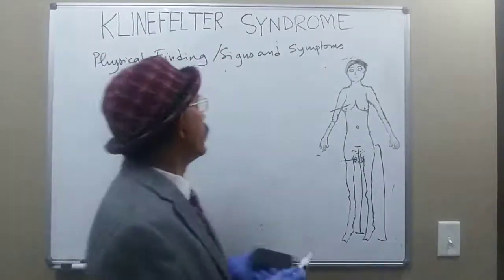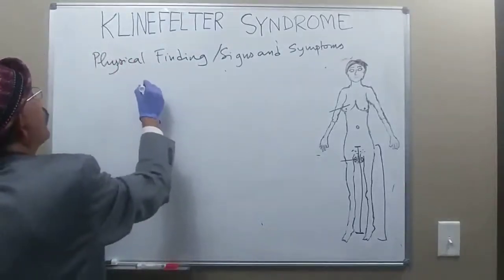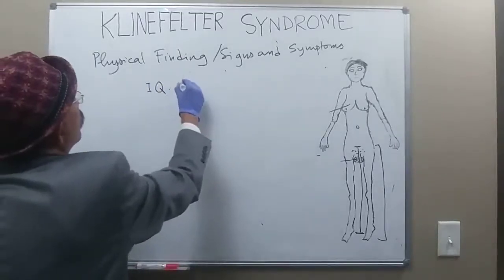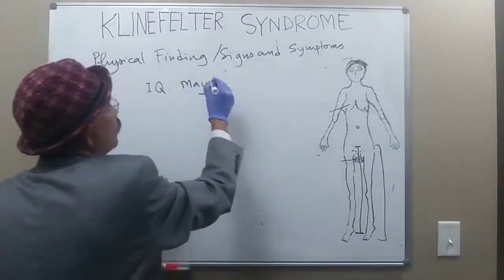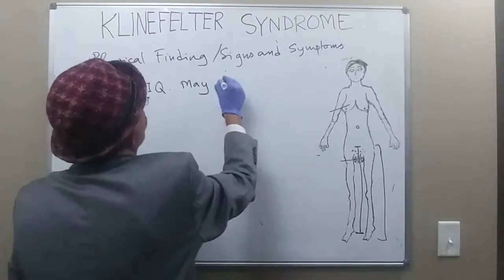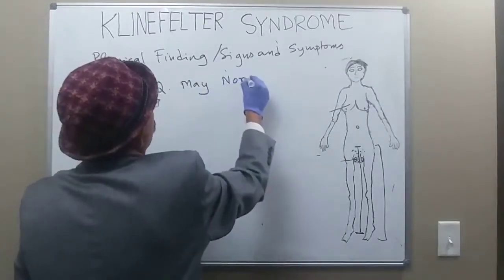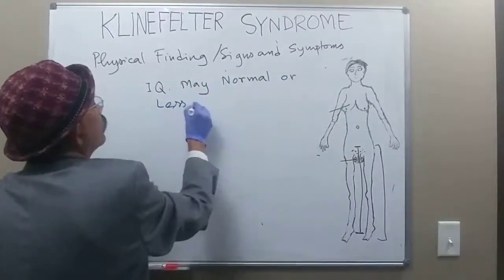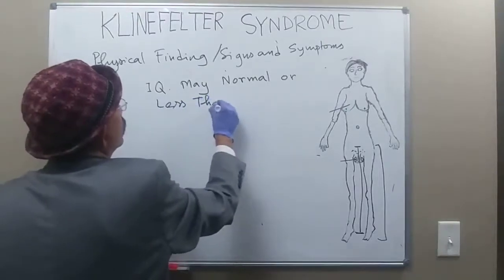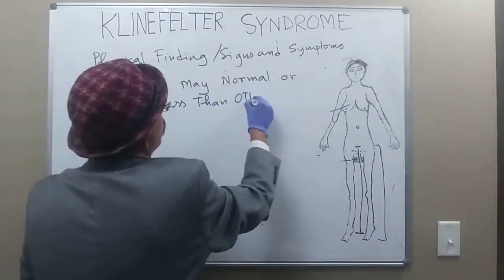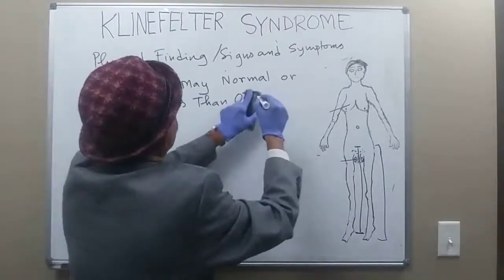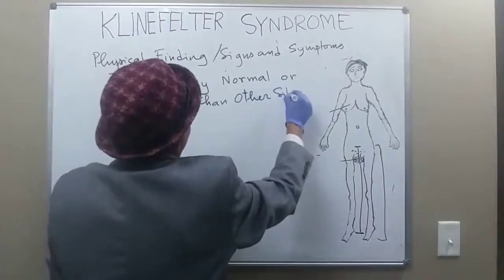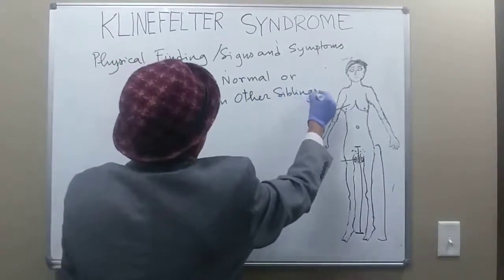Then regarding this person's IQ: IQ may be normal, or less than the siblings of this patient.